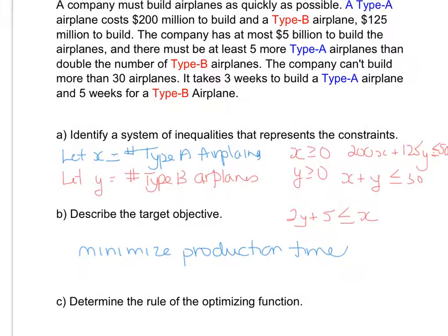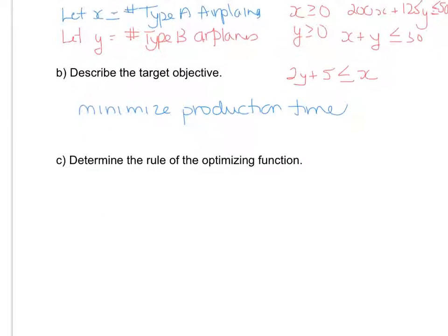So that's the only part of this whole question that doesn't have an inequality. So that is logically going to be my optimizing function. So here's my rule. Z, because it's optimization, is equal to 3 weeks to build a type A and 5 weeks to build a type B, and this is production time in weeks.